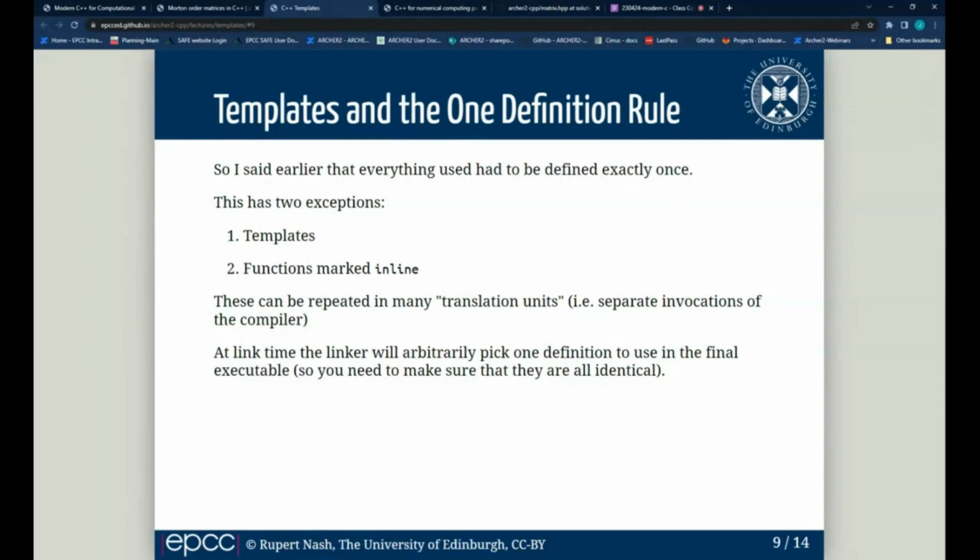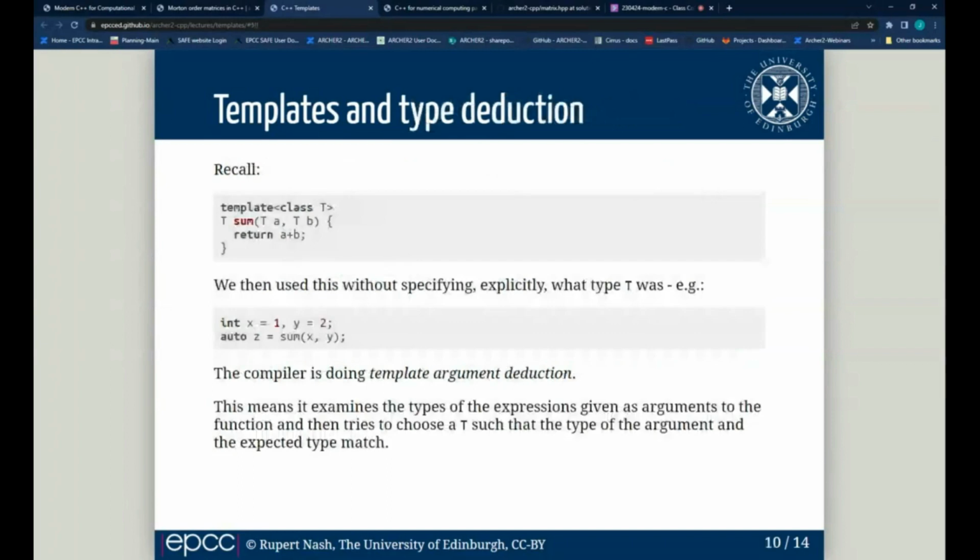You could have multiple repetitions of the same template in different translation units, but this could cause you problems at linking time, and the compiler and linker will choose for you, and this could give you unexpected behavior, which you want to avoid. The difference here is that it's not going to complain at you at linking time, so you need to be careful to do this yourselves. Okay.